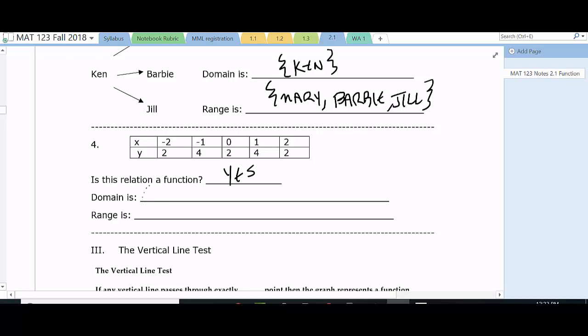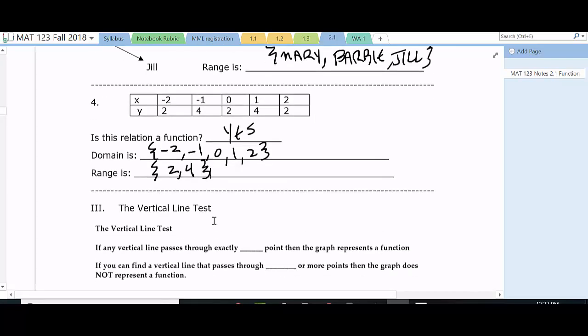The domain, just list the x's: -2, -1, 0, 1, 2. The range has only 2 numbers, so you just list the 2 that are there. You don't have to list them all because you'd be repeating yourself. So that's what we mean by a function. Does everybody feel comfortable about what I'm explaining there?